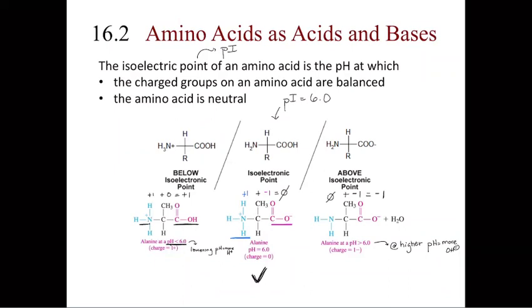If I'm given the PI, if the pH given is below the PI, then my molecule will look like this. Overall, it's going to be +1. Again, if I'm given my PI, if I see that the pH is higher than the value of the PI, then my amino acid is going to look like this.